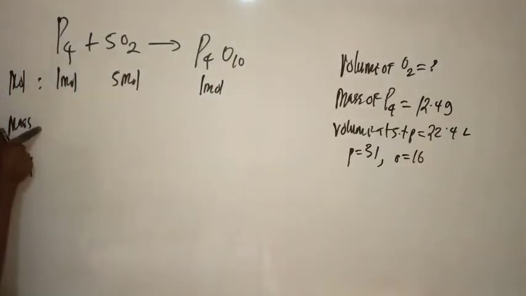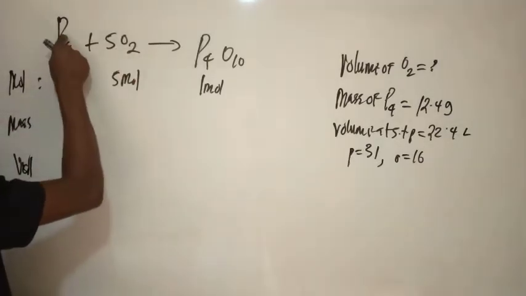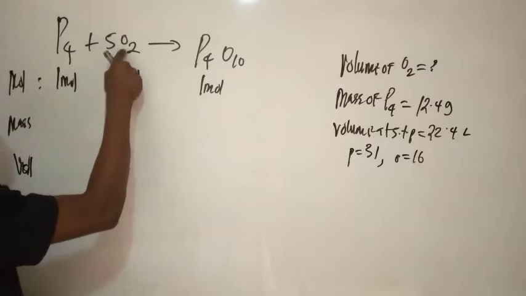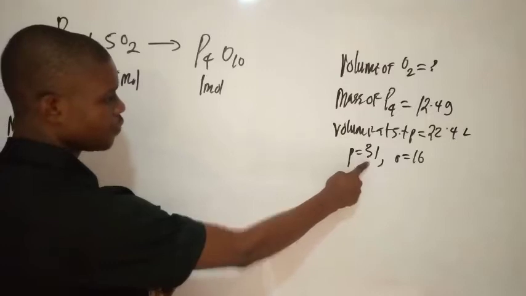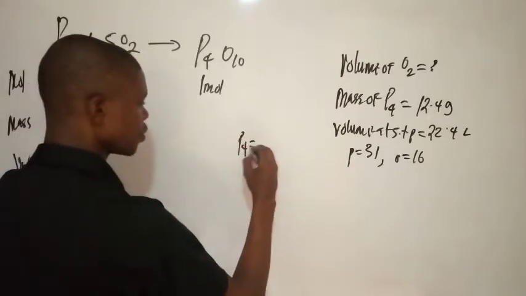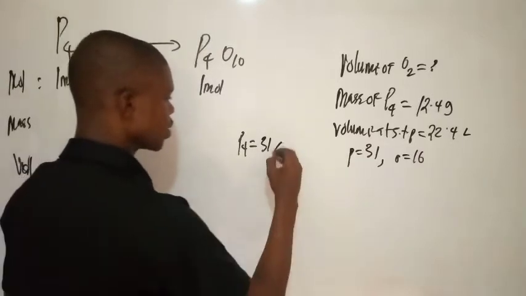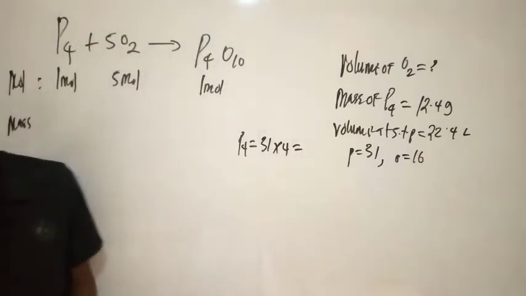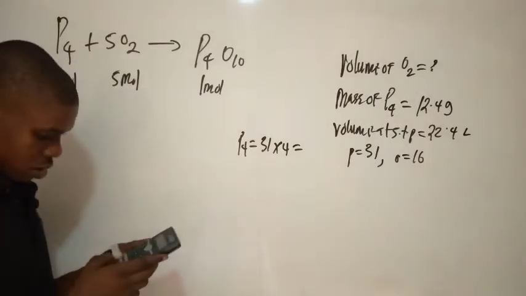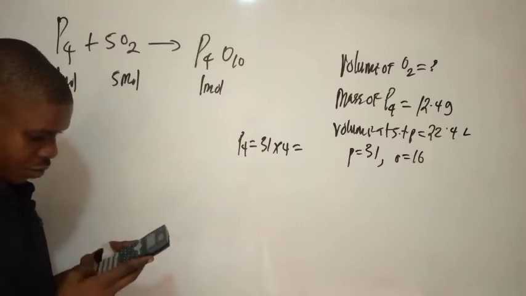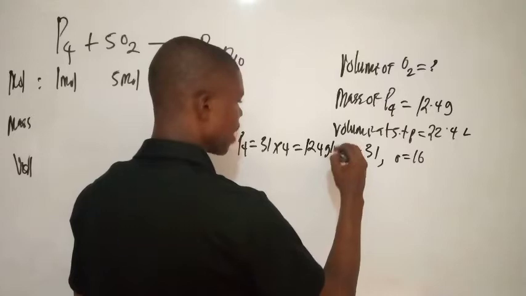Now, mass. How do we get the mass? We have to look for the molecular mass of each compound. P4: phosphorus is 31, so 31 times 4 is 124 gram per mole.